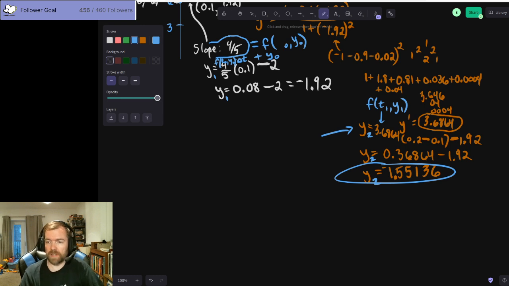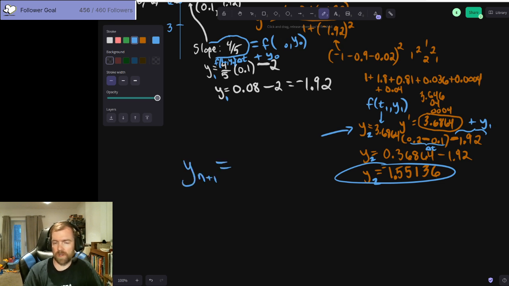And we said that here our 0.2 minus 0.1 is also delta t, and our negative 1.92 is adding y1. So in order to get all of our y sub n plus 1s, we're going to take our f at t sub n, y sub n, multiply it by delta t, and add y sub n.